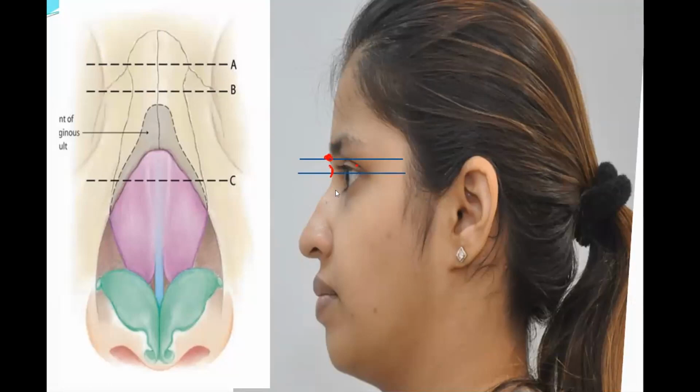And if you look at this patient, her nose is starting much below. So an ideal nose should be starting way up at the supratarsal crease. So this nose definitely looks shorter as compared to the wide forehead or the elongated chin. So this is something you need to be aware of, and you need to correct it accordingly.